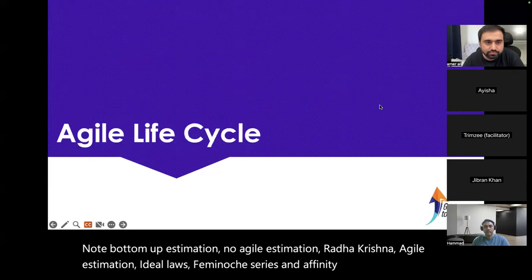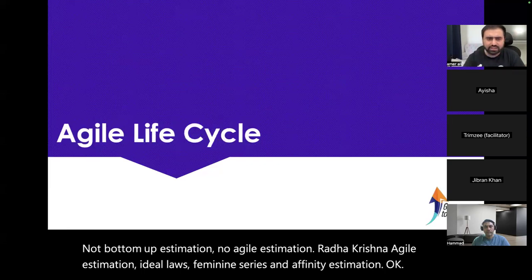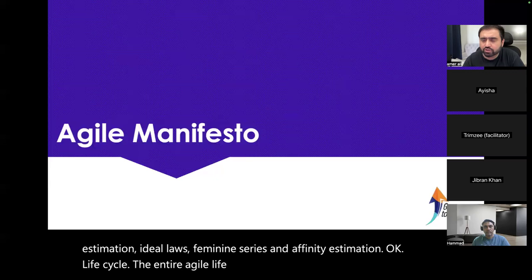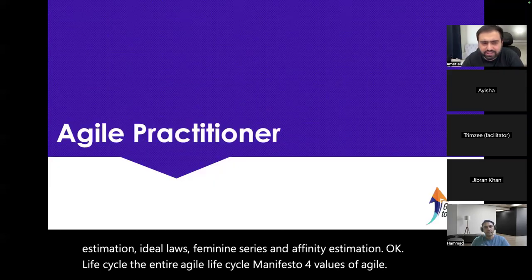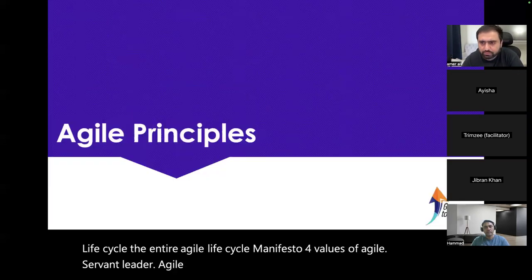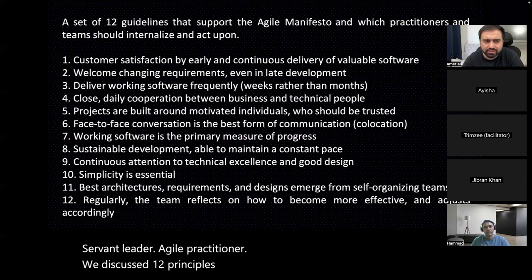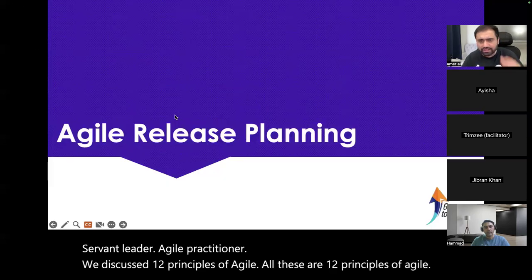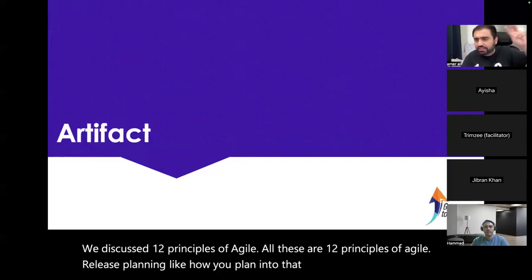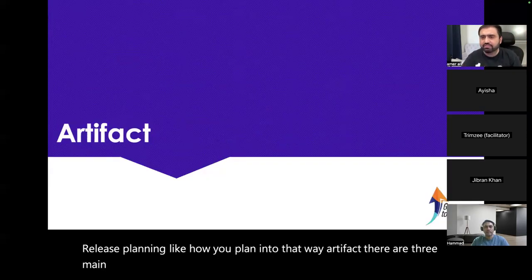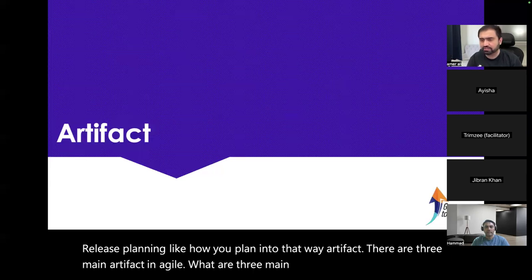Life cycle, the entire agile life cycle. Manifesto, 4 values of agile. Servant leader, agile practitioner. We discussed 12 principles of agile. Release planning, like how you plan that way. Artifacts, there are 3 main artifacts in agile. What are the 3 main artifacts in agile? Put it in the chat box.